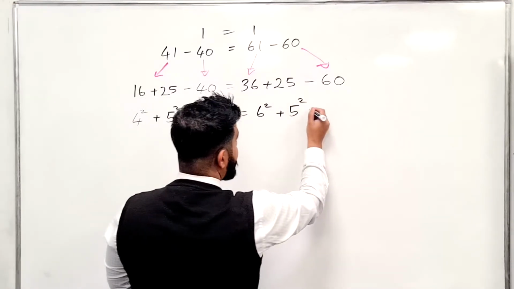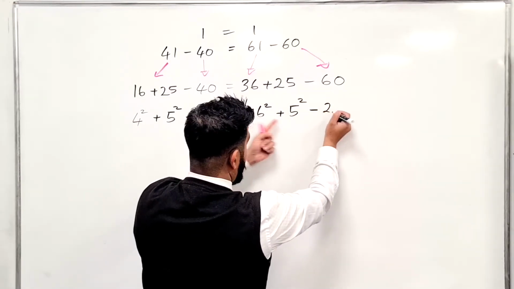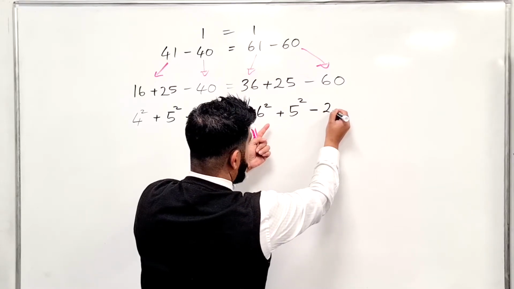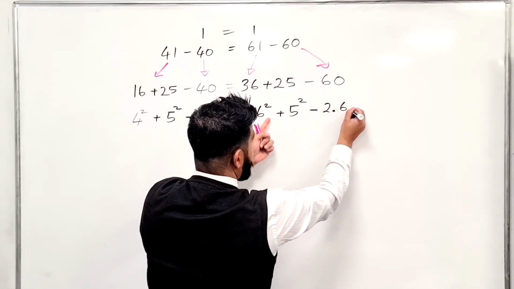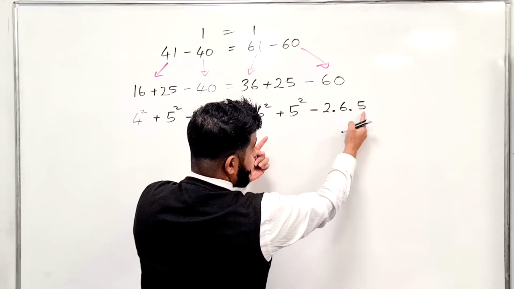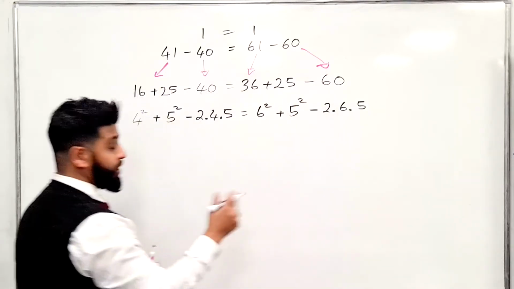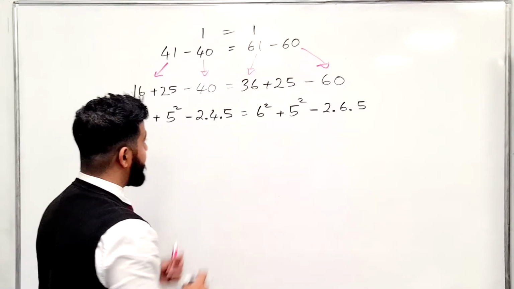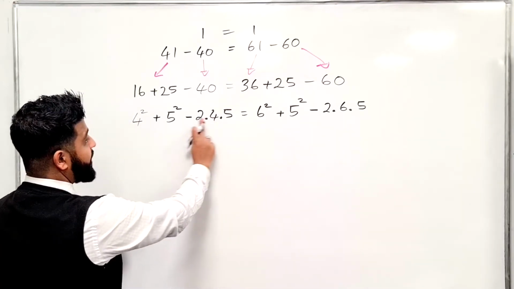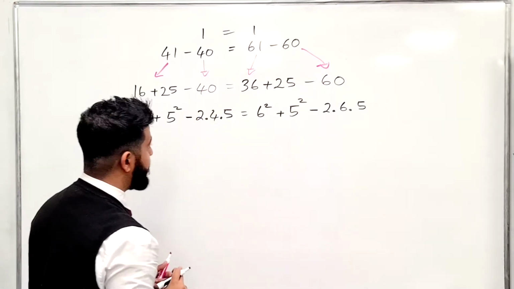And once again, 60 can be written as a product using these two numbers and multiplying by 2. So 2 times 6 times 5. So 6 times 5 is 30, 30 times 2 is 60. Just in case you're wondering what these numbers mean, 4 times 5 is 20, times 2 is 40.